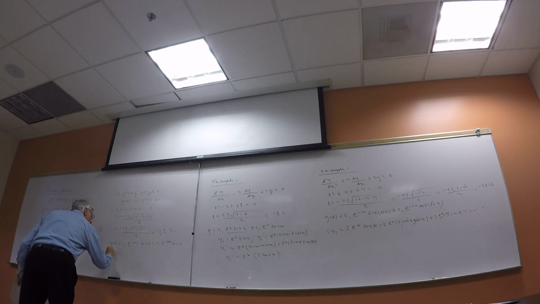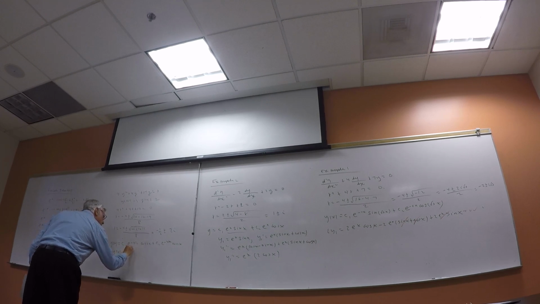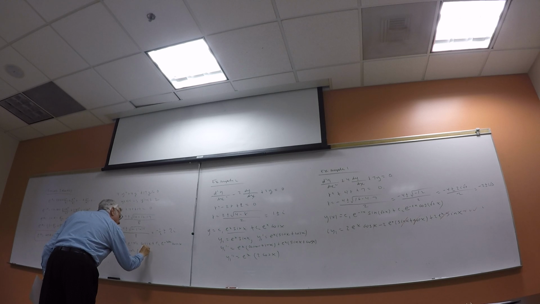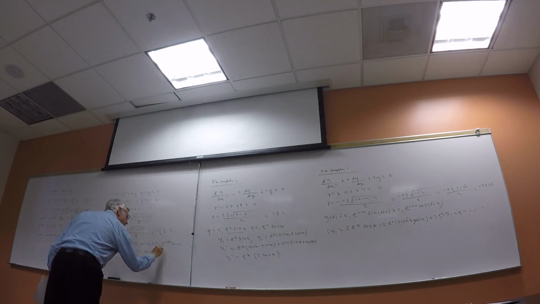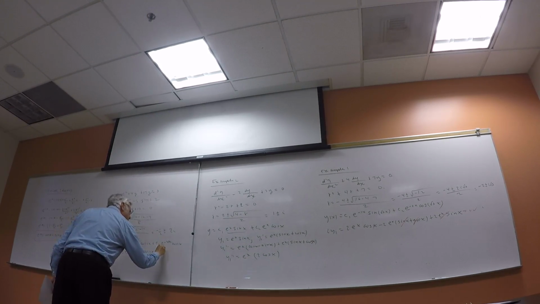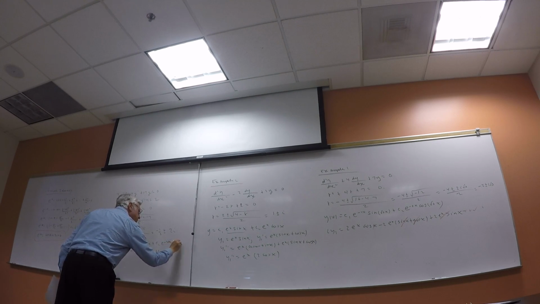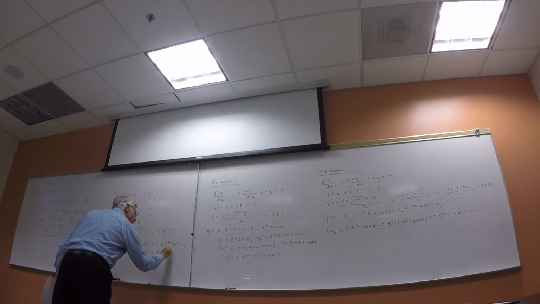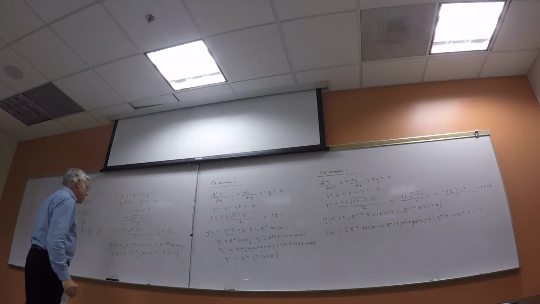Let's just write this as y of x equals e to the minus x over 2, and put all this stuff inside: C1 cos 2x plus C sub 2 sine 2x.